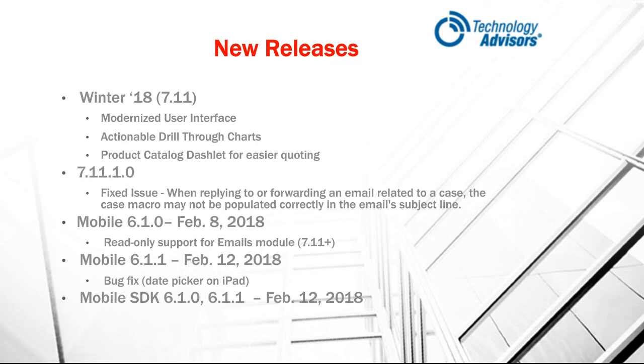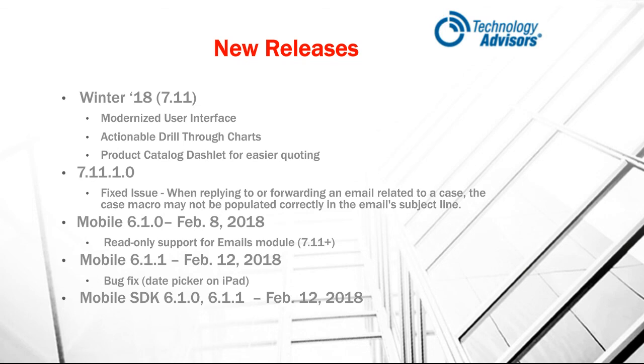Thank you, Megan. Looking at new releases, we had the Winter 2018 or 7.11 release, which included the modernized user interface you saw during our demonstrations today, as well as the actionable drill-through charts where I could select a bunch of the opportunities I was looking at when I clicked on my chart and mass update them or edit them inline.